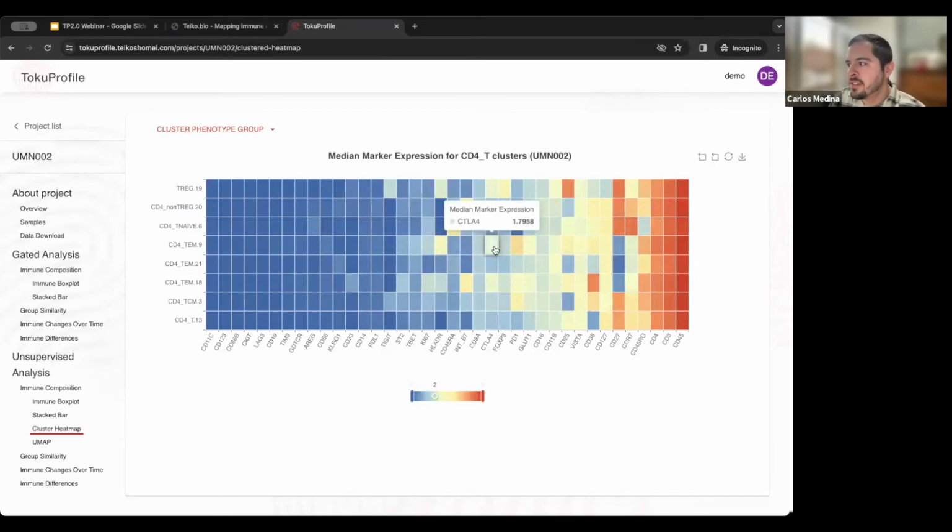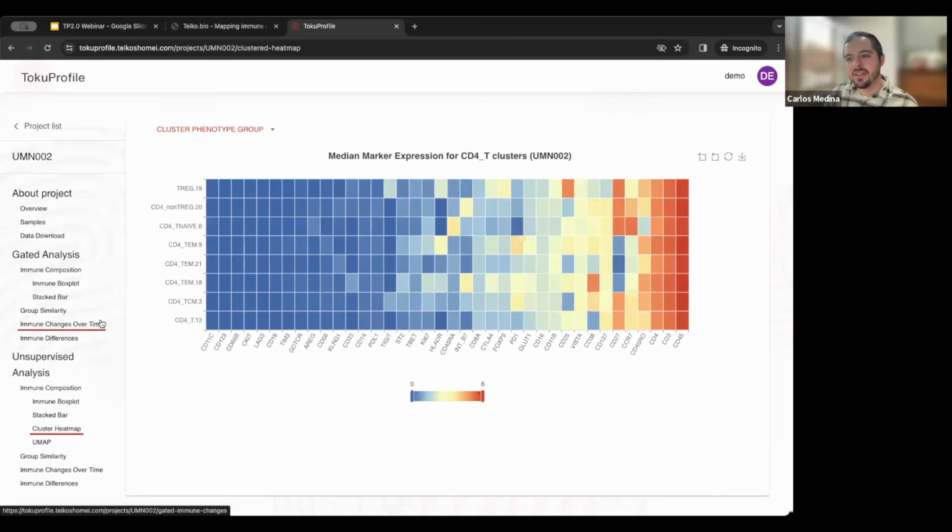These 2 subsets also express checkpoint markers associated with activation like CTLA4 and PD1. And so here we can see that these 2 clusters can be better defined as more activated effector memory T cell clusters. And so we can begin to understand why these activated effector memory T cells might be more associated with non-response in that UMAP.